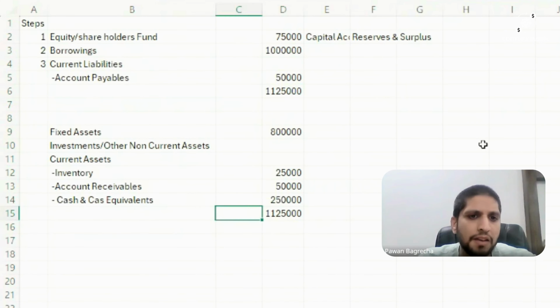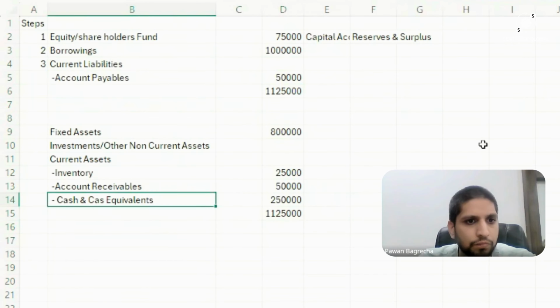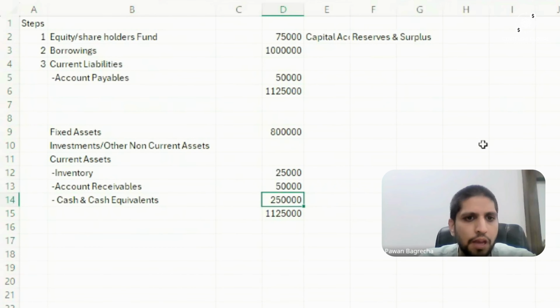So normally a balance sheet will have an equal amount on the assets side and the liability side, as we are going with the double entry system. As you know, there are the golden principles of credit and debit: it's a double entry. If there is some credit, then there will be some debit. So we have 2,50,000.